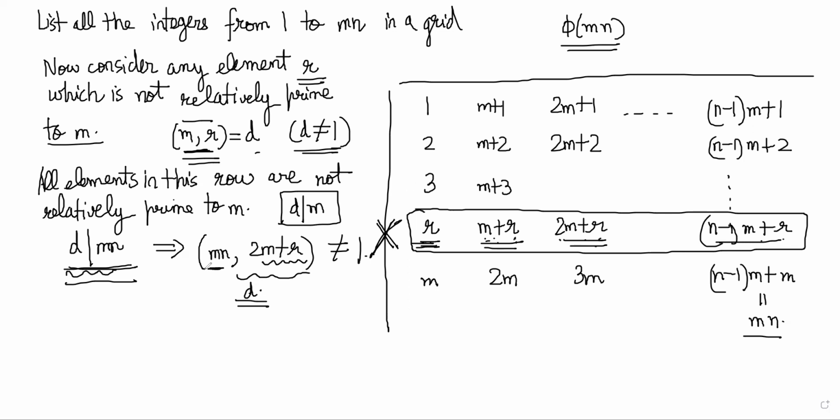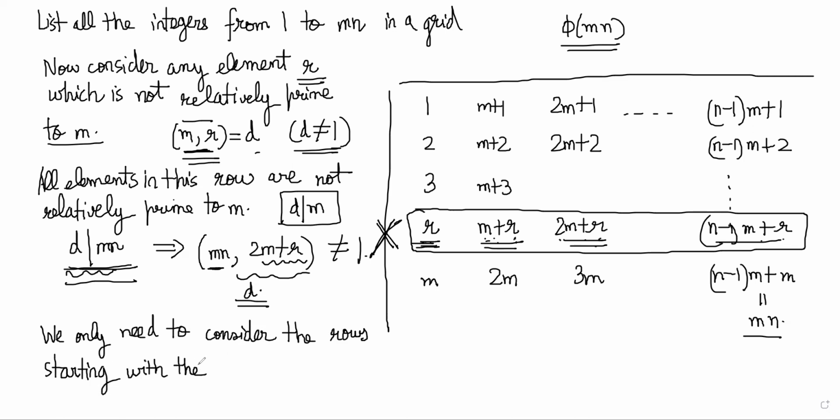So when we start to count elements which are relatively prime to mn, we only need to consider the rows starting with elements which are relatively prime to m.